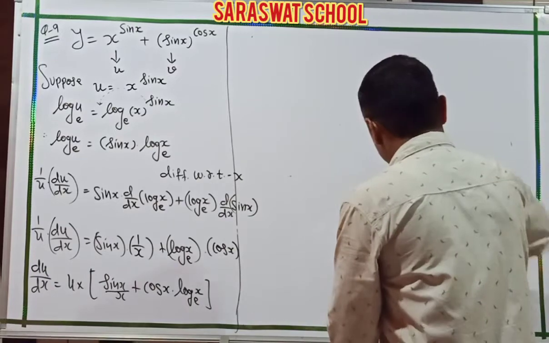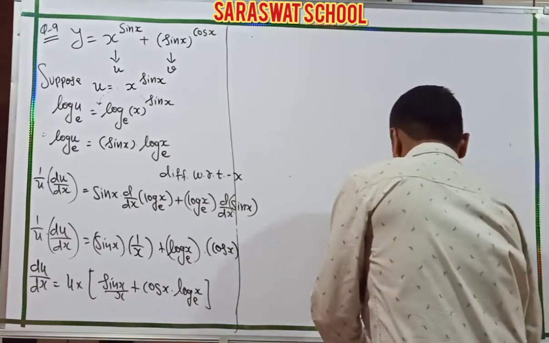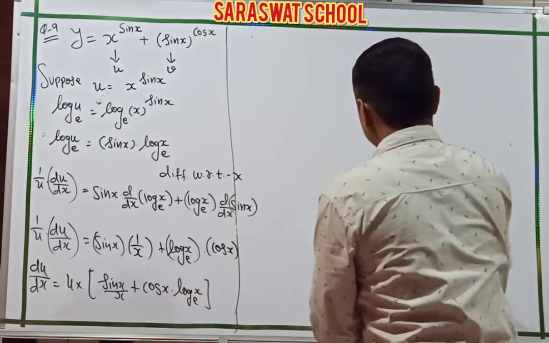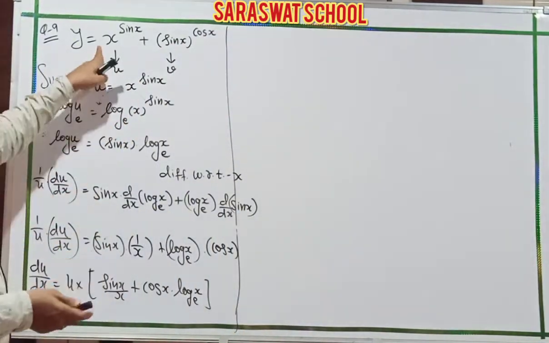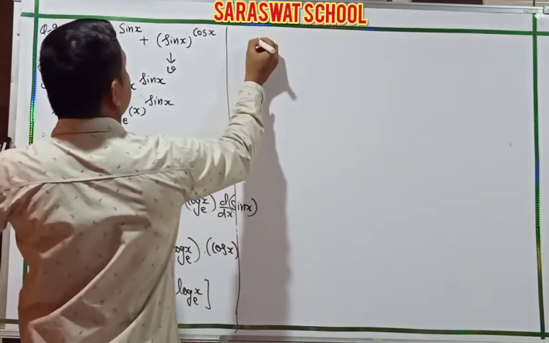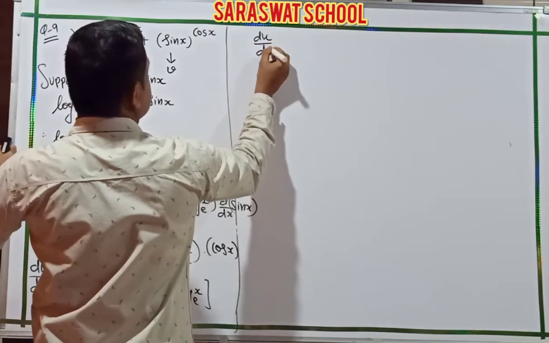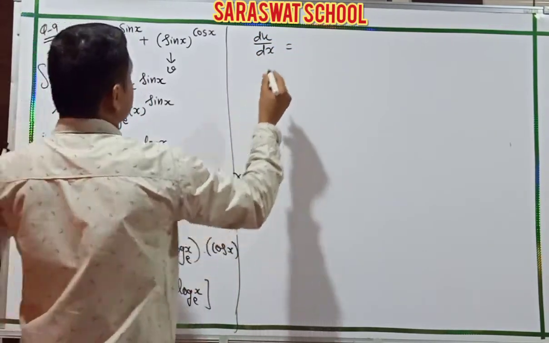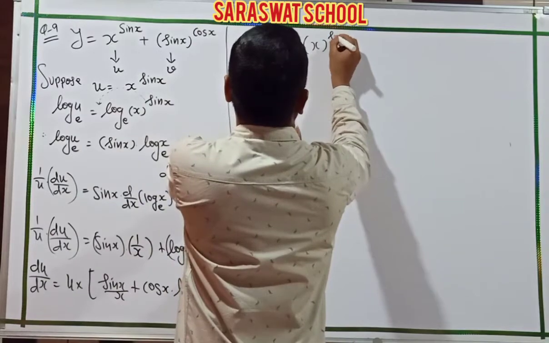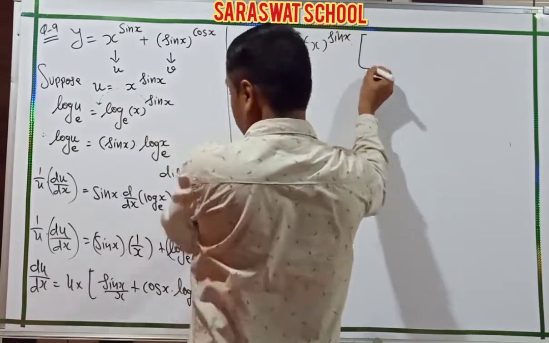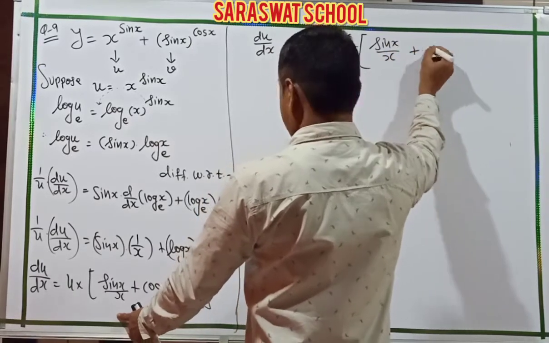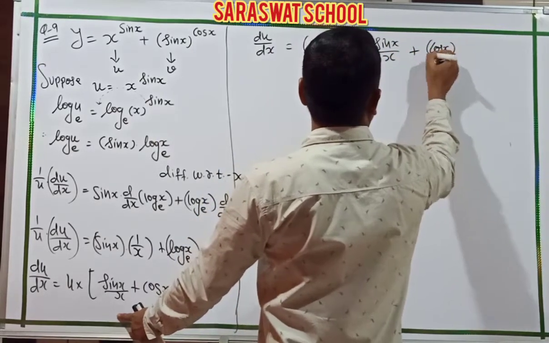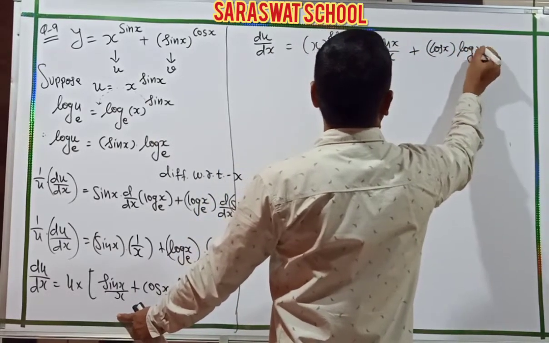After that I start the v function. So here the u value you already know, so I just put down du by dx. What is u? x raised to sin x, and the other as it is: sin x by x plus cos x into log x base e.